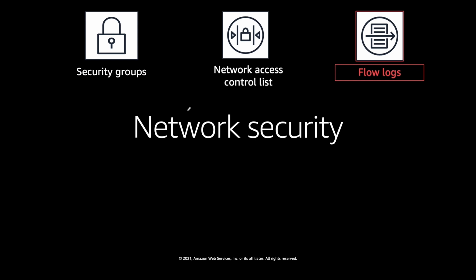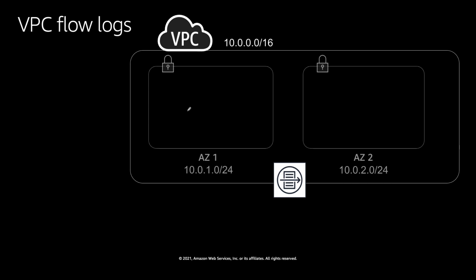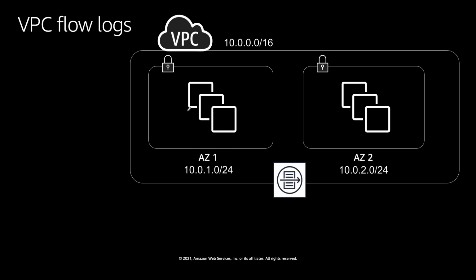All right, so far we have talked about the security group and NACL, and these are all security constructs, but we have not talked about how you can analyze and see what is happening, how the traffic is flowing. And this is where flow logs, or VPC flow logs, come into the picture. You can create a VPC flow log at a VPC level, as you can see here, or at a subnet level, or you can even enable it at the instance level.